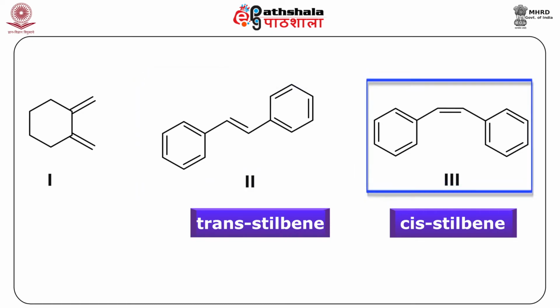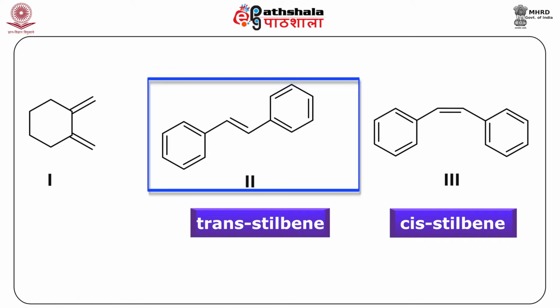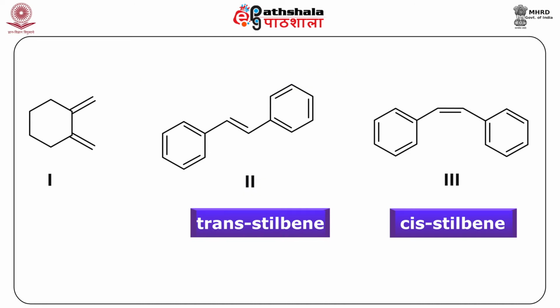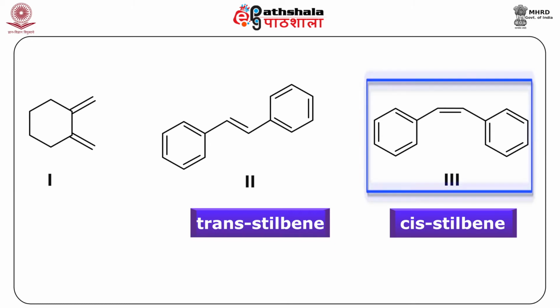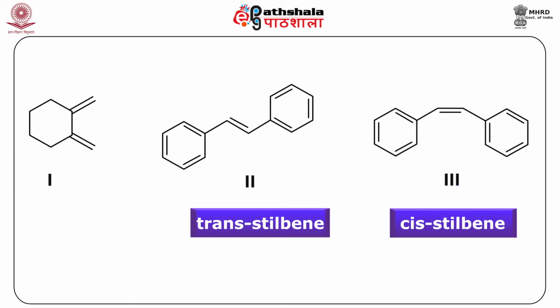For example, consider trans stilbene, shown at number 2, which absorbs at longer wavelength and greater intensity, that is lambda max is equal to 295 nanometer and molar absorptivity 27,000. Then cis stilbene, just next to it, shows lambda max at 280 nanometer and molar absorptivity 13,500 due to steric effects in the cis conformer as compared to the trans conformer.